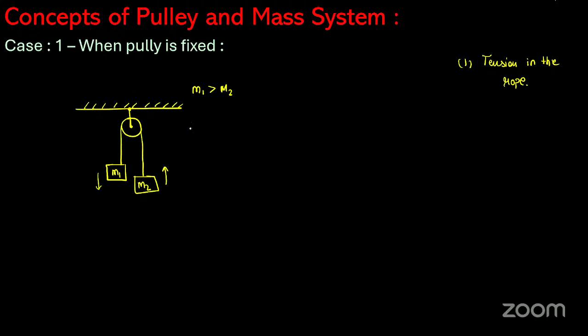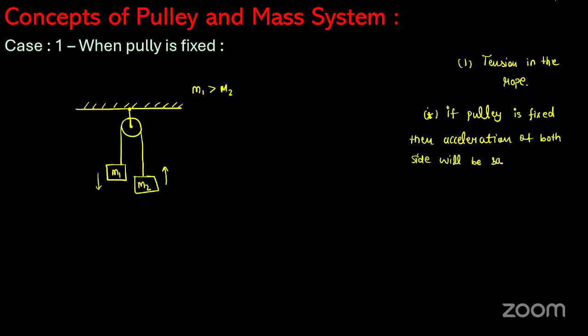and so this block will move up. So if the pulley is fixed, the most important point, first, if the pulley is fixed, then the acceleration of both sides will be the same. So whatever the acceleration is on both sides, it would be the same.